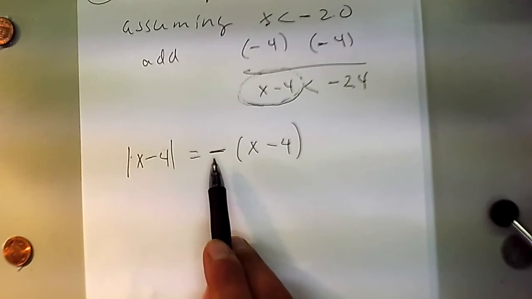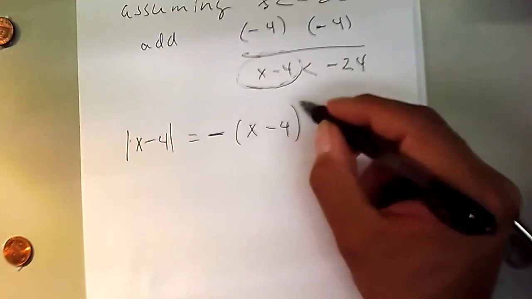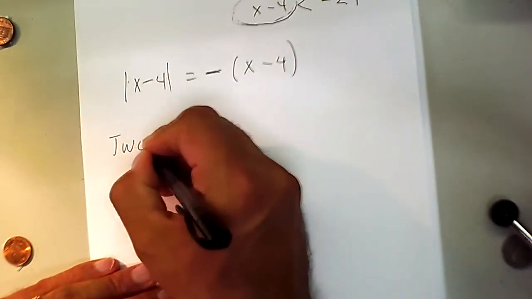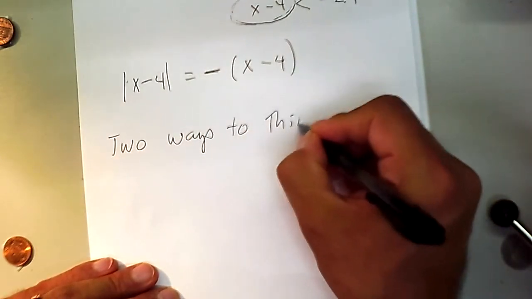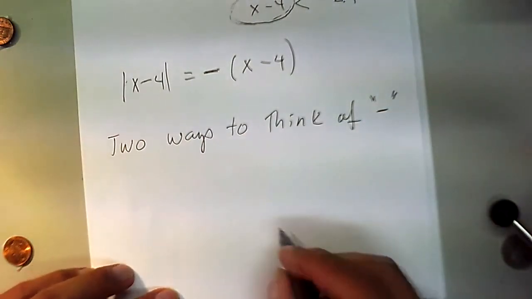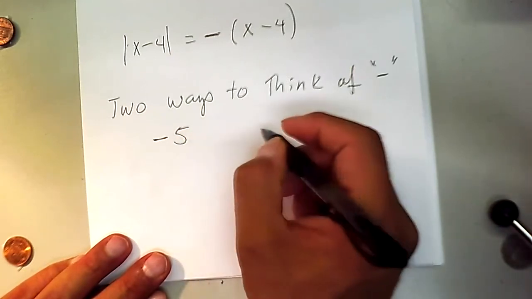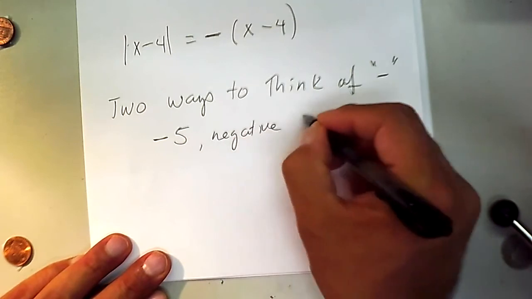Oftentimes, I use this symbol in two ways. So there's two ways to think of this symbol. If we put it in front of a number, a solid number like 5, then we think of it as negative 5.